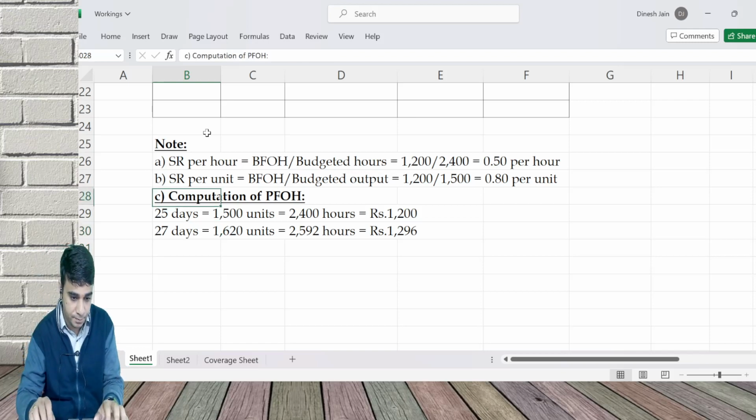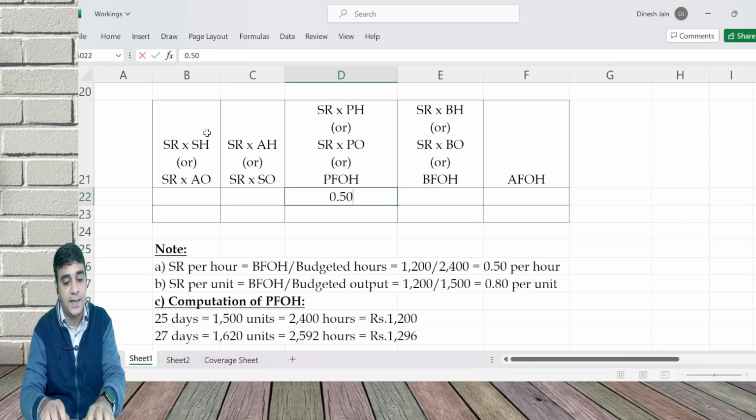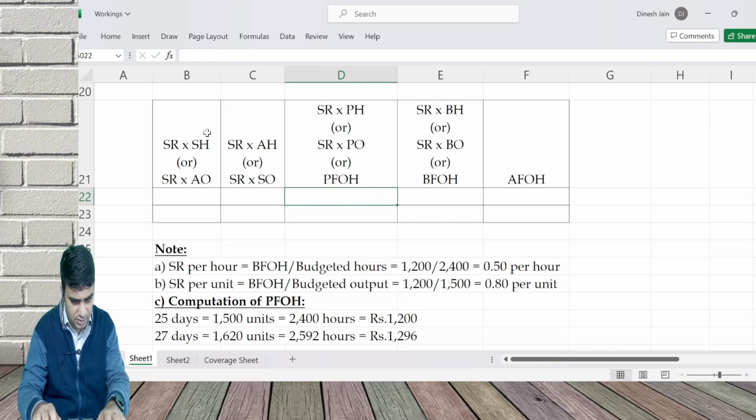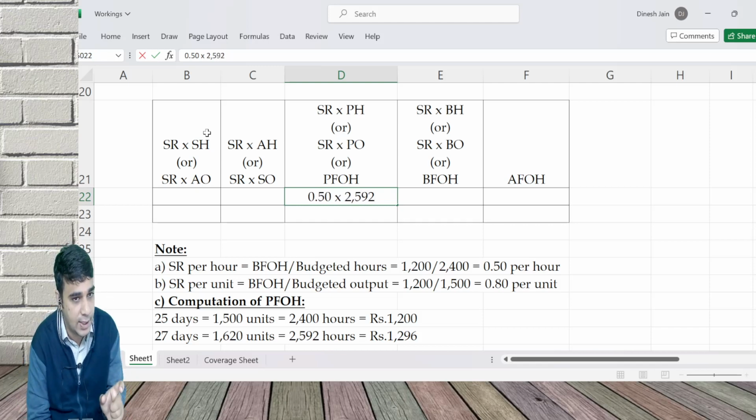Now listen, you need not write for the time being. This third column I can say 0.80 into 1620 units. What is 0.80? It is SR per unit. First, SR per hour, 0.50 into 2592. SR into PH. What is SR into PH?